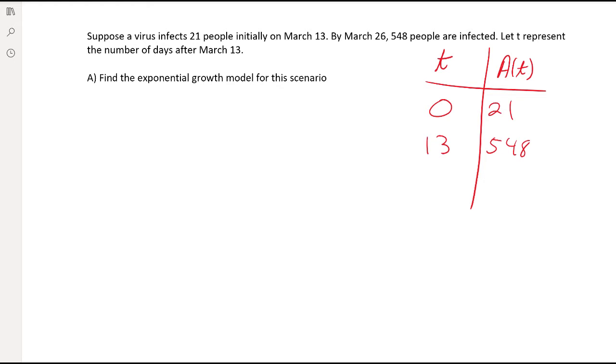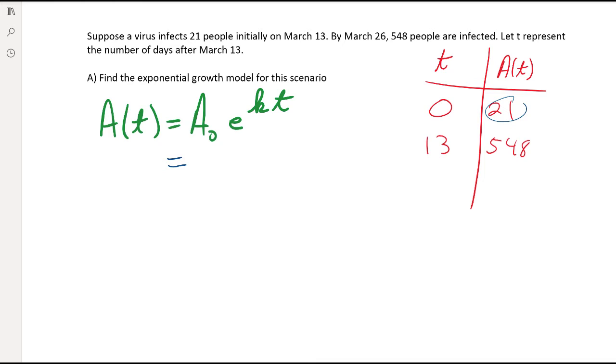So here we go. Just to recap, A of t is A0 e to the kt. A0, as we said before, that's our initial amount, so I'm going to plug in 21 for A0. Times e, remember e is a value in the calculator, don't you worry about that. It's a natural base.